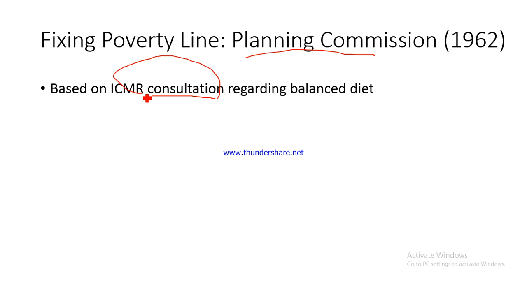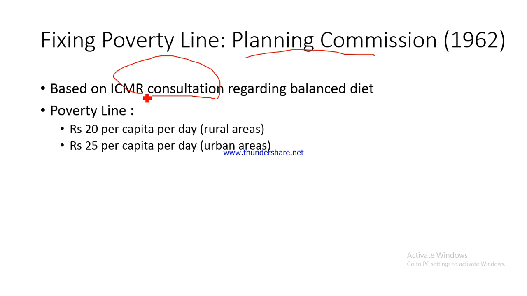If he is not able to earn an amount which will help him arrange a balanced diet for himself, that person would be considered below the poverty line, or considered to be poor. So from the balanced diet we calculate how much money you need to buy it, and that became the basis for fixing the poverty line.